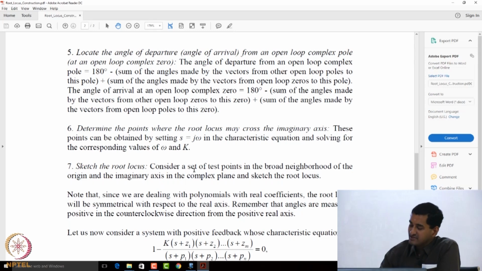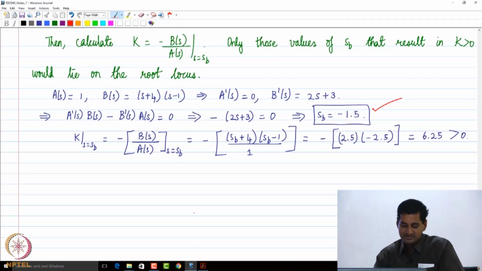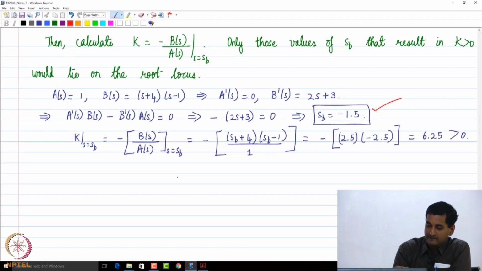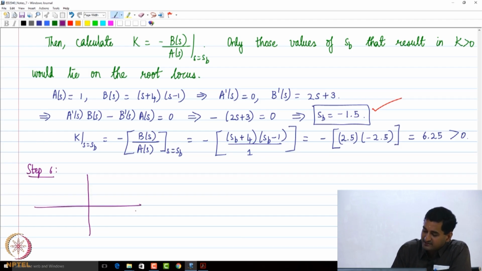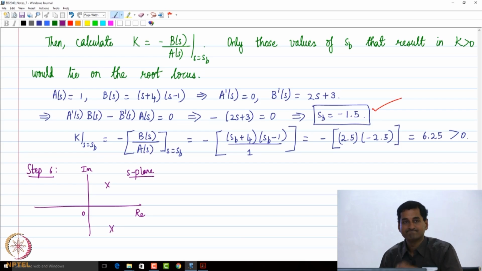So, what does this mean, right? So, what does this step really mean? So, let's look at it. Suppose I had a scenario like this; in this example which we are considering, we do not have that scenario, but let us say we had a scenario where I had two open loop poles like this.